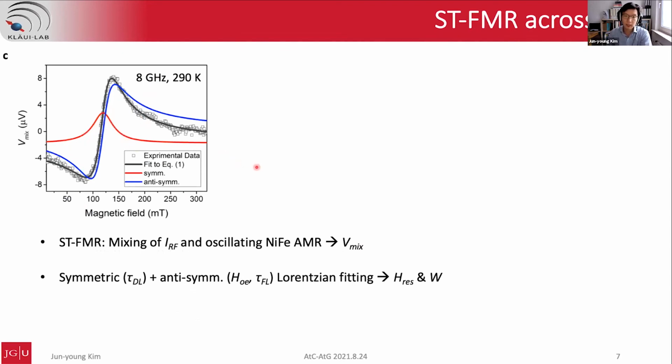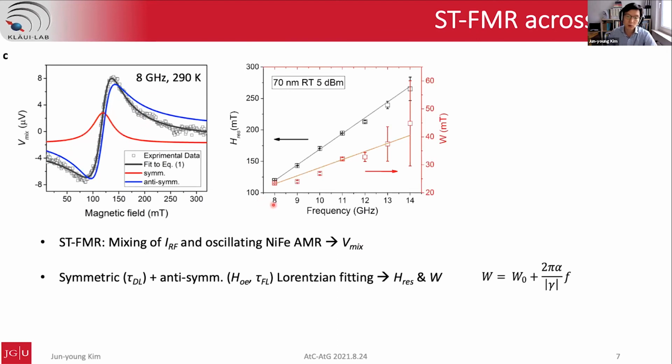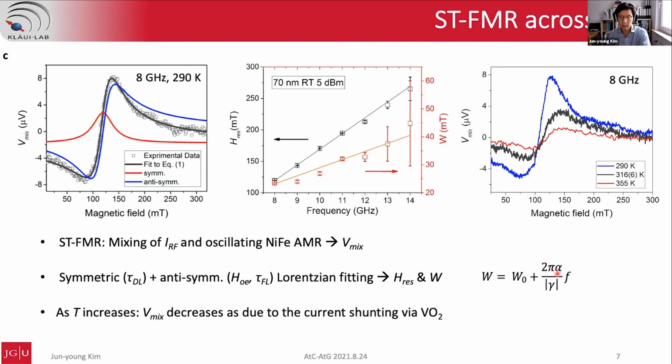And if you look at the frequency dependence of this width, we usually see a linear relationship with the frequency. From the gradient of this line, we can estimate the effective Gilbert damping parameter, which we will discuss in more detail in the next slide.